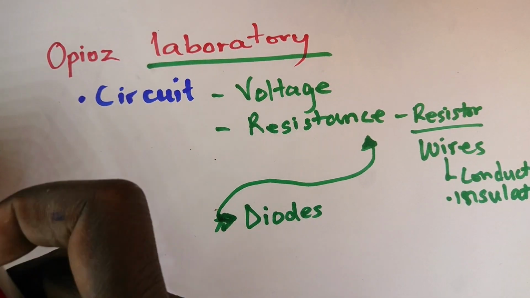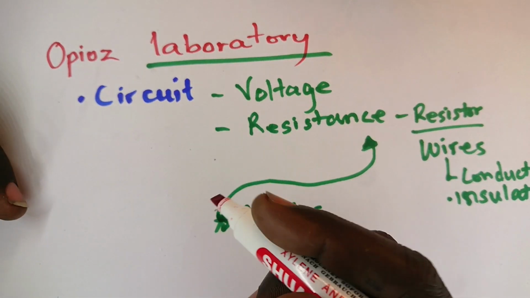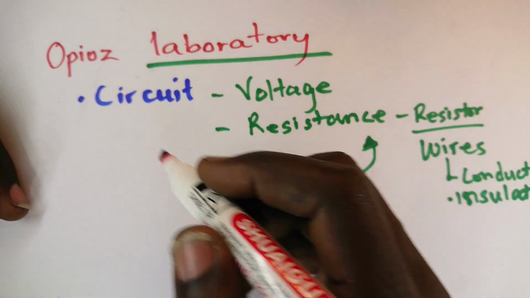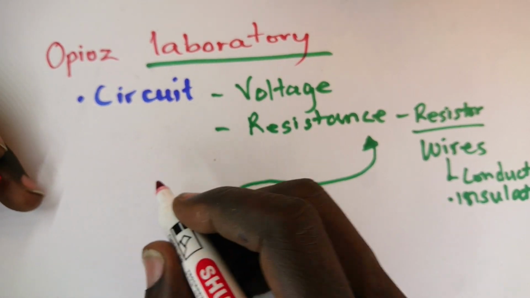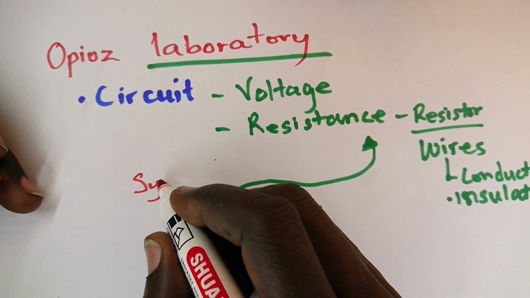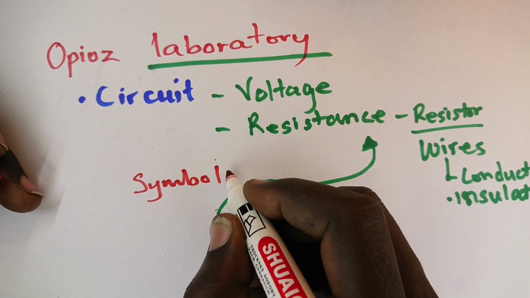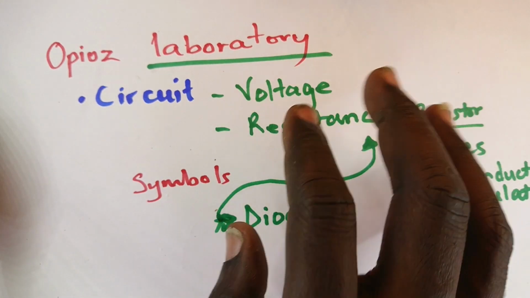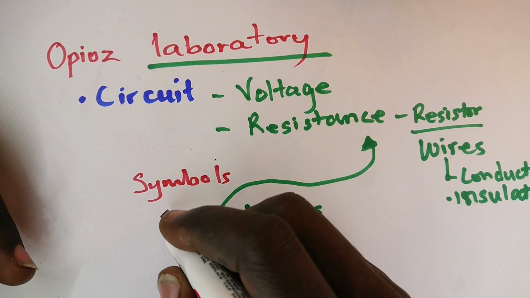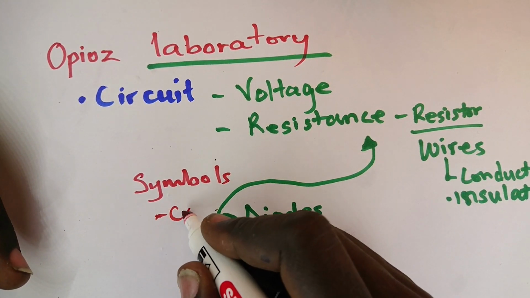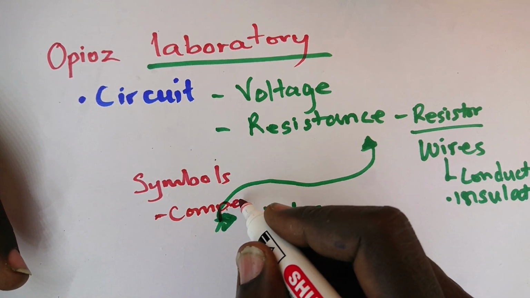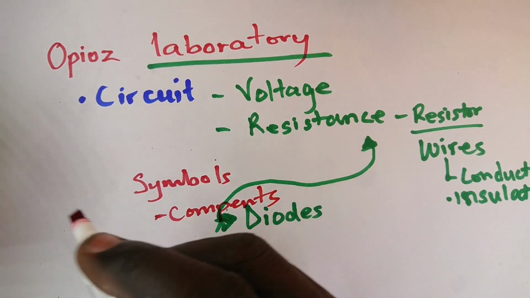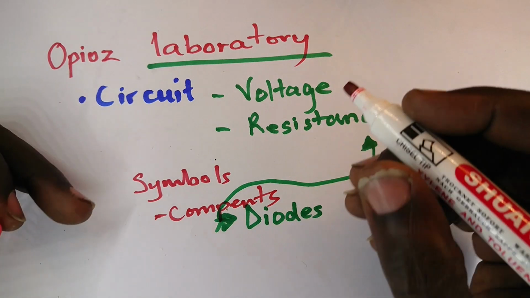But some of the honorable mentions is that under circuits we decided to mention the concept of symbols, and this will unfold as we go. As we introduce you to these concepts, those will lead us to components, and there's a way we tend to represent them on circuits.